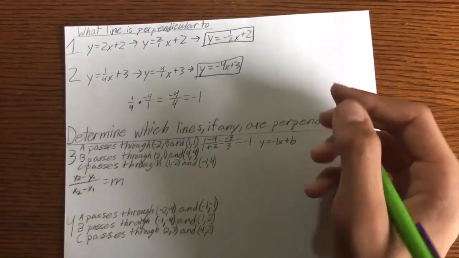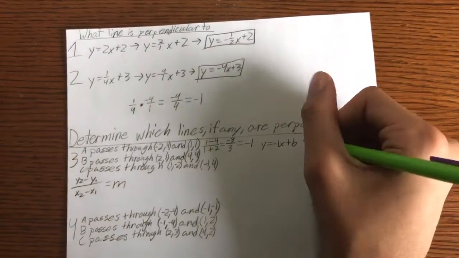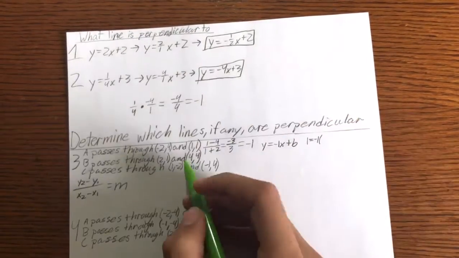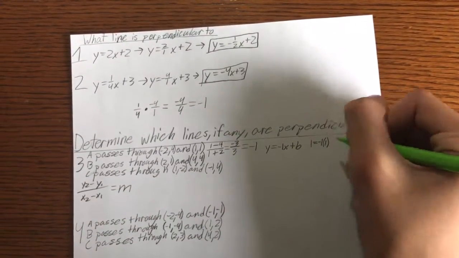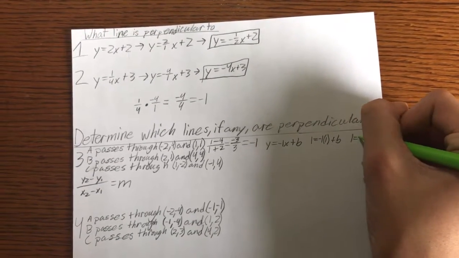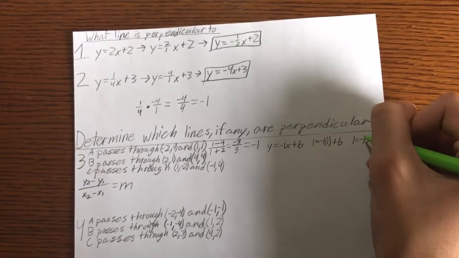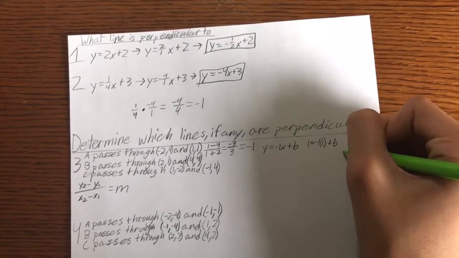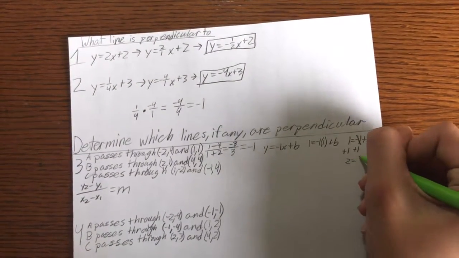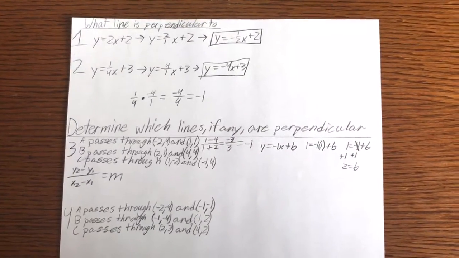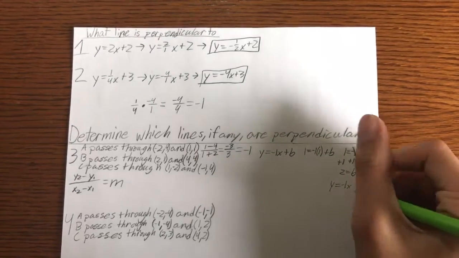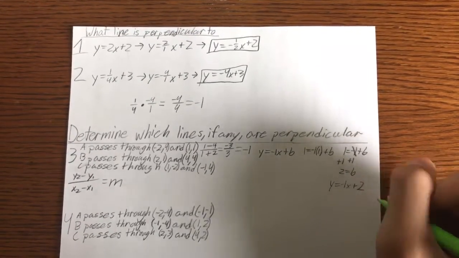X is 1 and y is 1, so we do 1 is equal to negative 1 times x, which is 1 as well, plus b, which can be simplified to 1 is equal to negative 1 plus b. Then add 1 on both sides, cross that out. 2 is equal to b. And so A is y is equal to negative 1x plus 2.